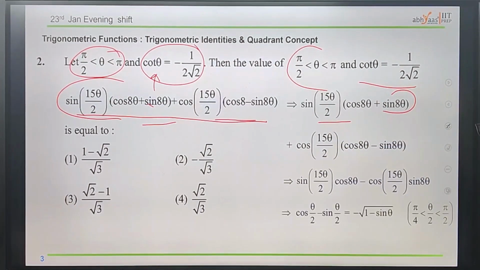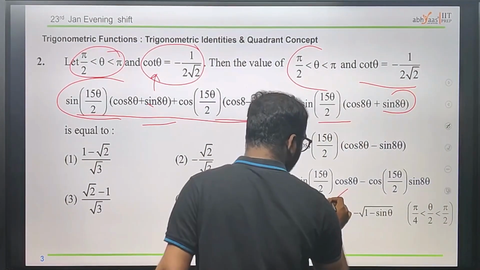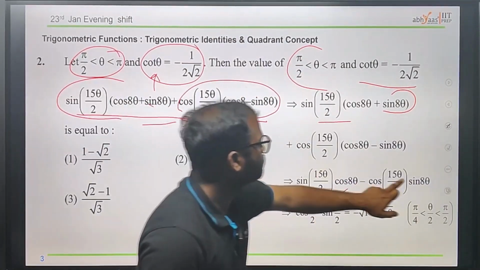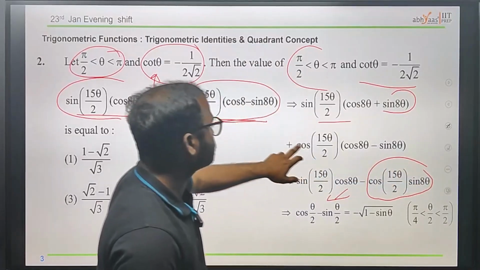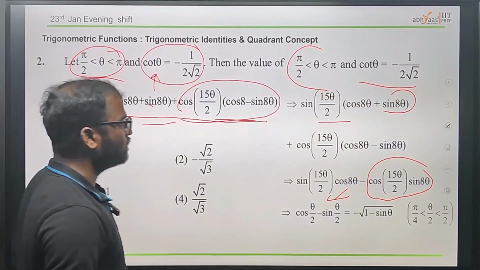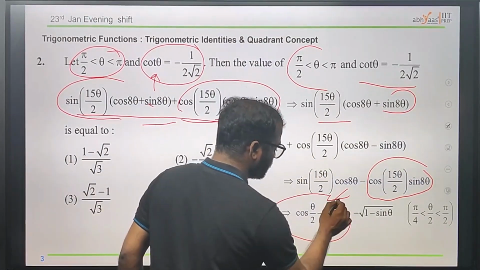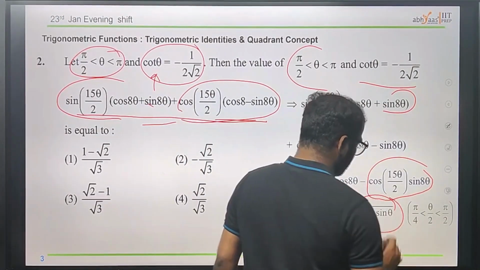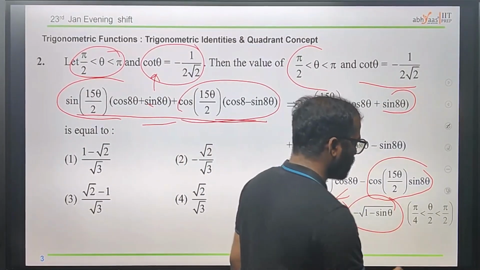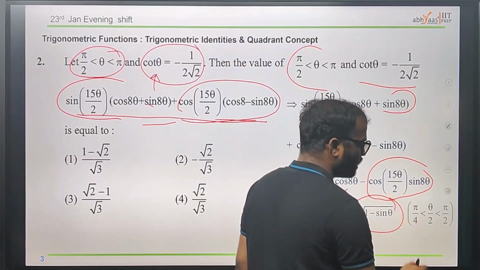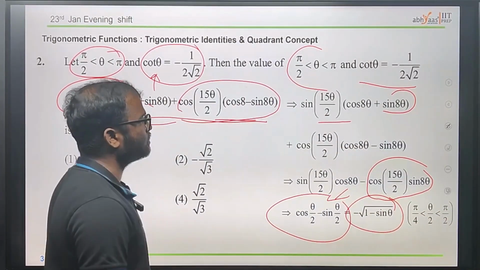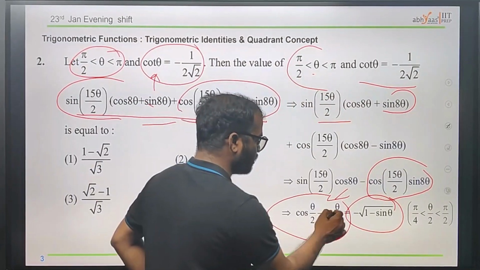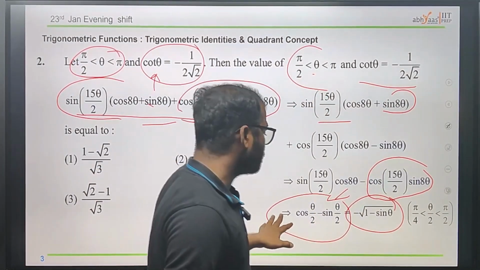From this simplification we have some cancellations as we proceed. That's how we got cos theta by 2 and sine theta by 2, which can be written as under root of 1 minus sine theta. Also, theta by 2 is between 5 pi by 4 and pi by 2. We multiply and divide by 2 here in order to make submultiple angles.